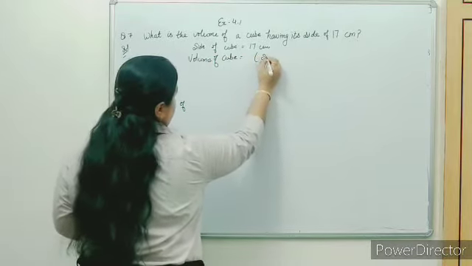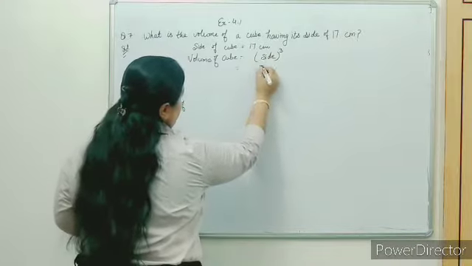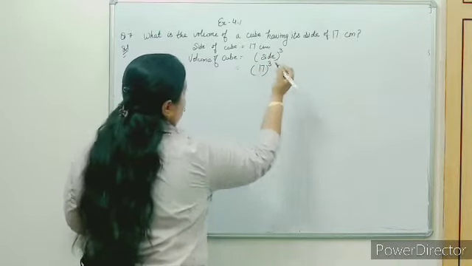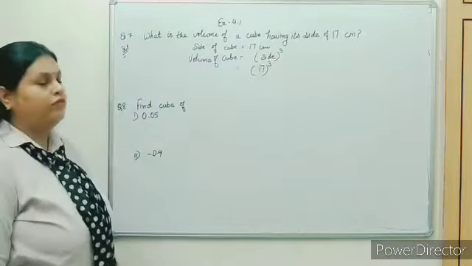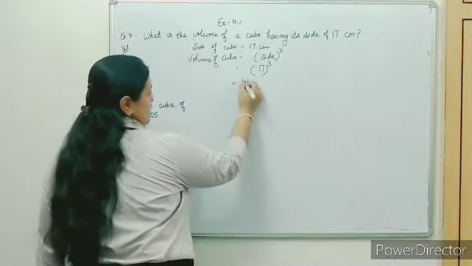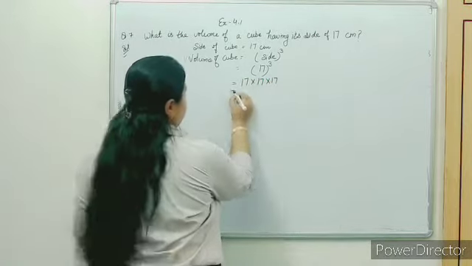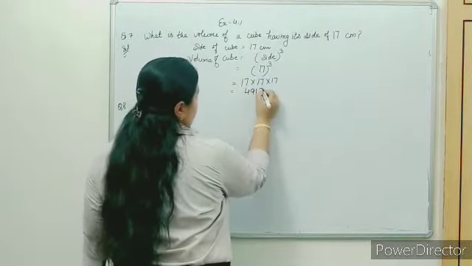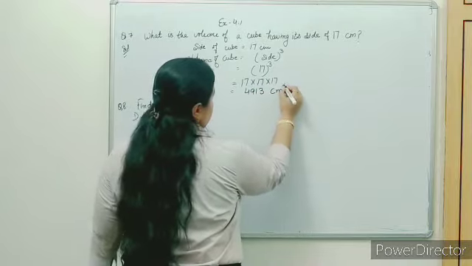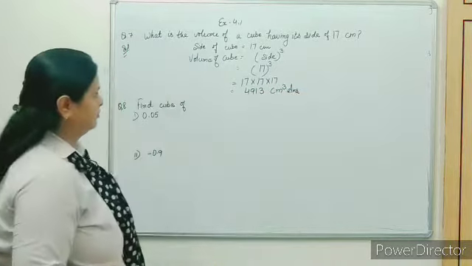It is side cube. So side is 17, so volume will be cube of 17. Now multiply 17 thrice. 17 into 17 into 17. So it is 4913 centimeter cube. Here is your answer.